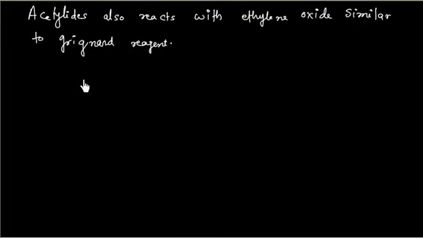Let us say if I have HC≡C minus, this is acetylide ion. If this is treated with ethylene oxide, the reaction will be very similar.